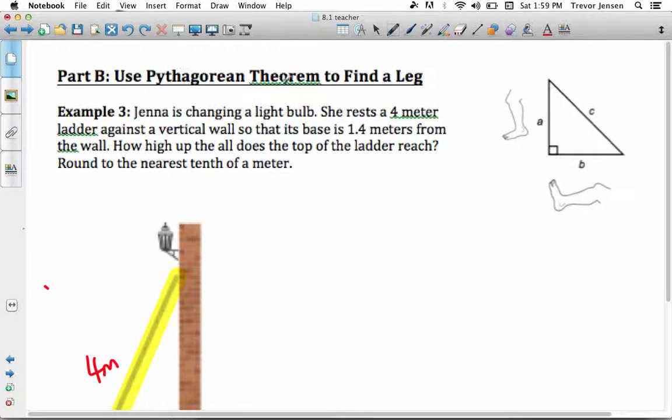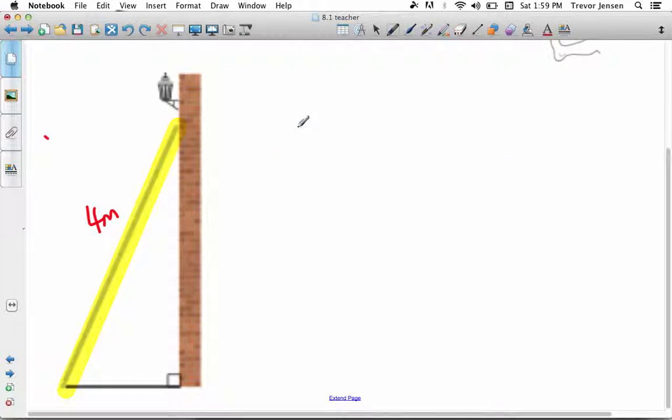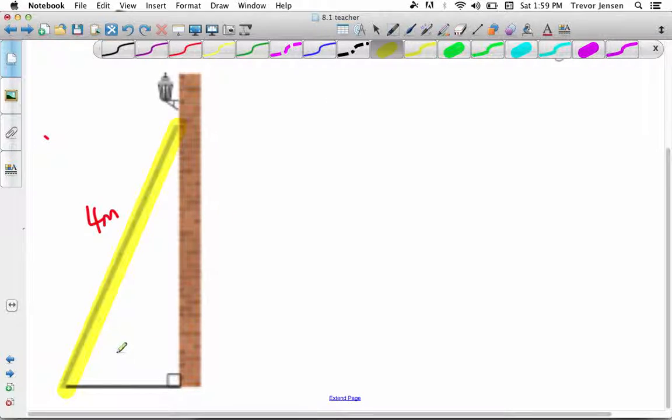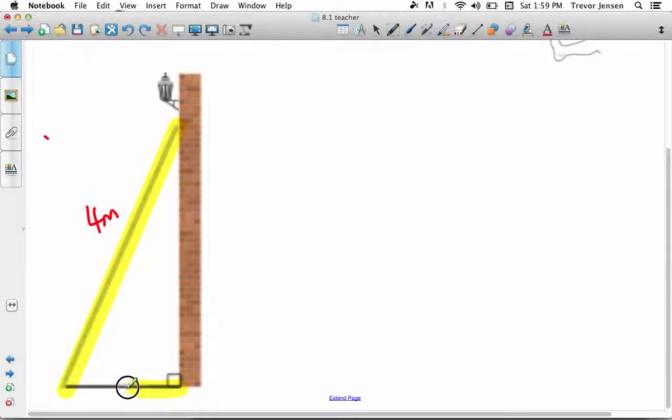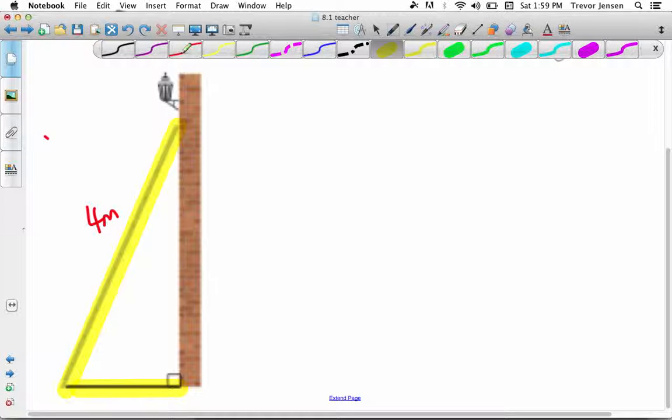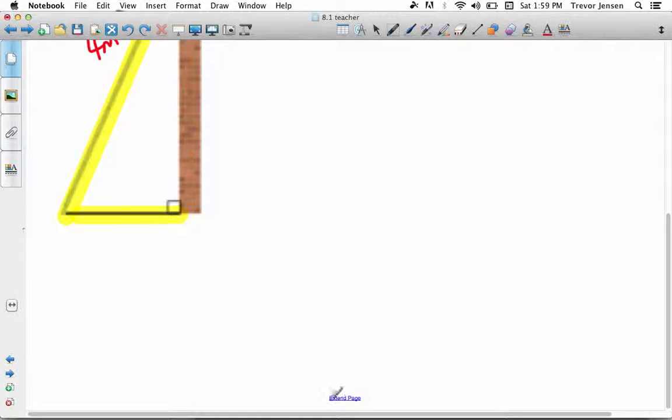It also says that the base is 1.4 meters from the wall. So if I look at my diagram, the base of the ladder is 1.4 meters from the wall. So this side length here must be 1.4 meters. Let me see if I can get myself some more room here.